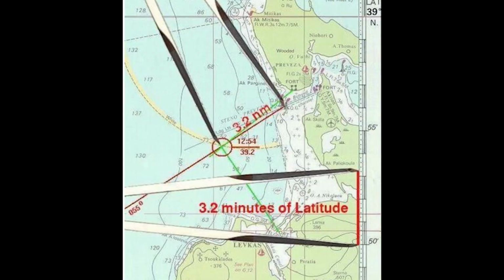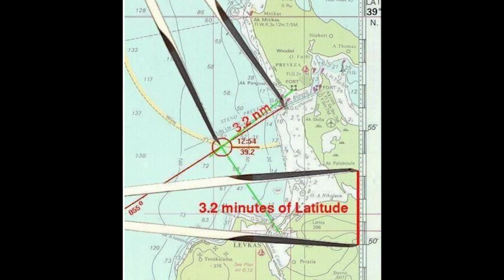Let's have a quick look at how you measure distances on a paper chart. You use dividers, parallel rules, regular rules, perhaps a piece of paper to measure on a chart. And then you put the ruler or whatever you used for measurement on the latitude scale on the chart to get the distance. But why do we always measure from the side, the latitude scale?